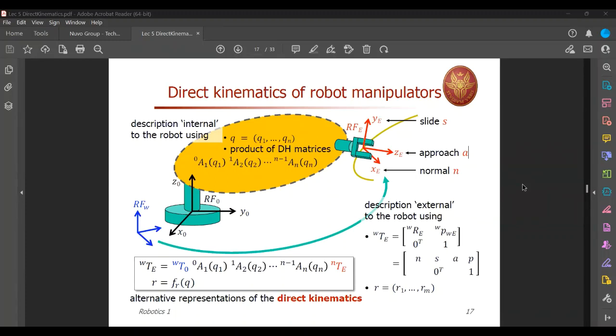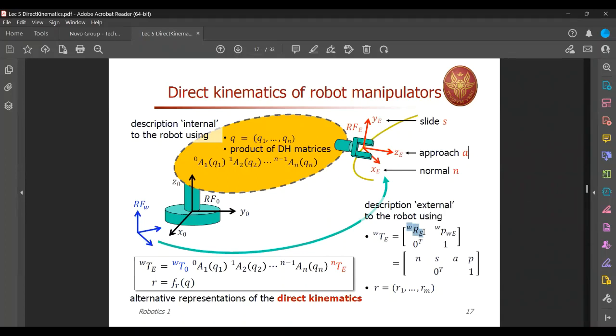All right. So if you remember the configuration of the homogeneous transformation matrix, the top left 3x3 is the orientation, right?